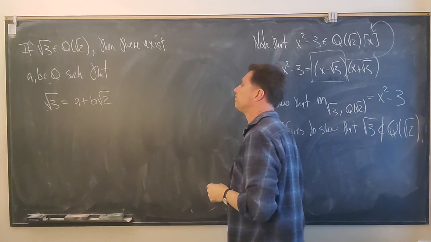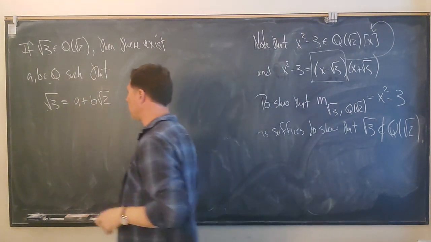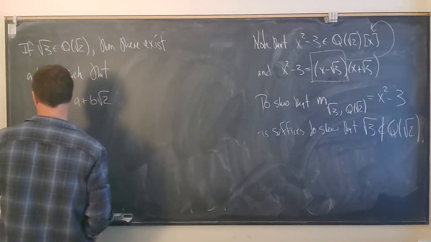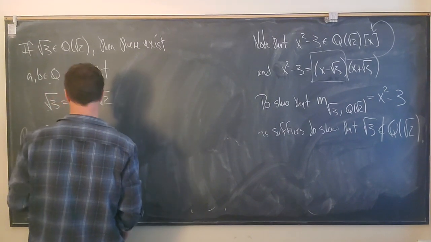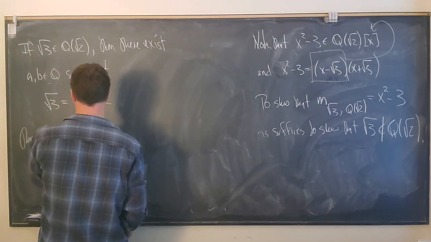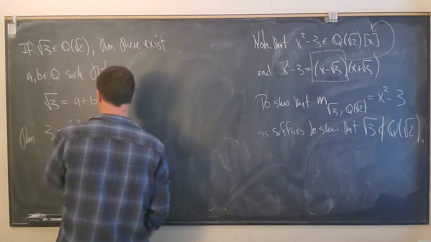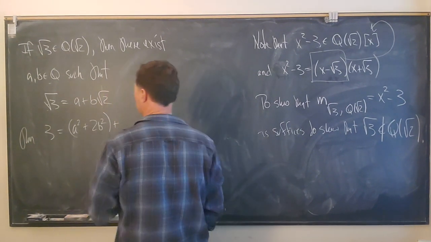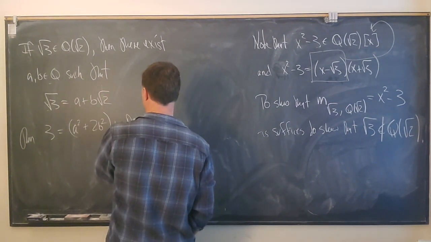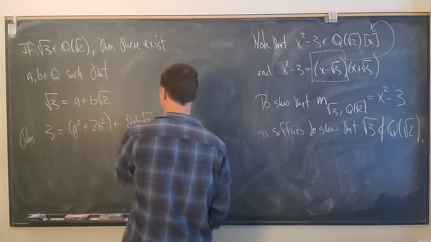I'm going to square both sides, so we can say then 3 is equal to a squared plus 2b squared plus 2ab root 2.